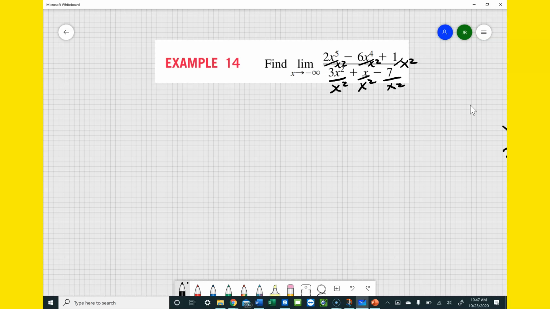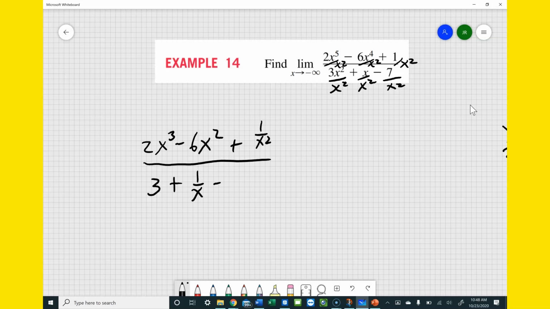All right, and let's simplify it so it becomes on top 2x cubed minus 6x squared plus 1 over x squared. So I'm just reducing these, x to the fifth over x to the second reduces to x to the third because you subtract their exponents. On the bottom, the x squareds cancel. We just have 3 plus that x cancels with that x squared, and you're left with a 1 on top and an x on the bottom. So 1 over x minus 7 over x squared.